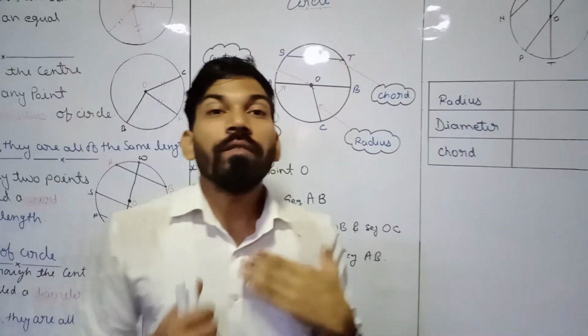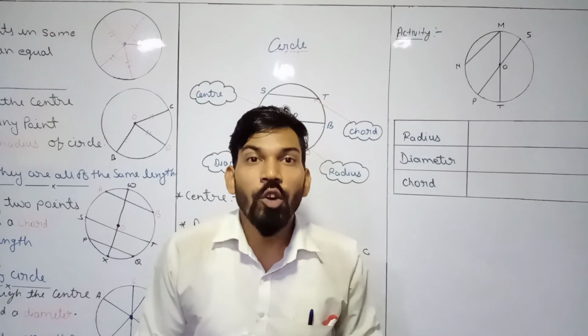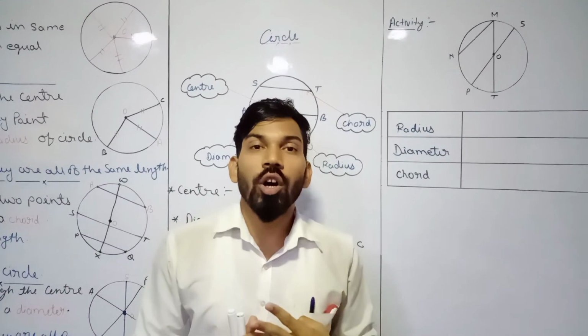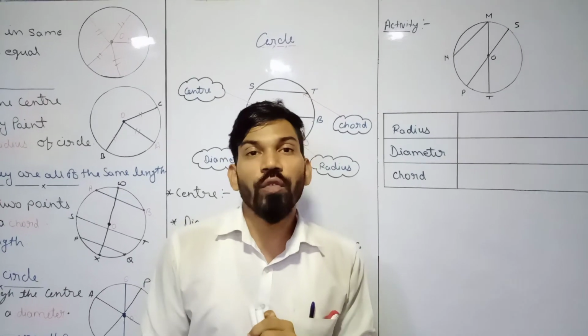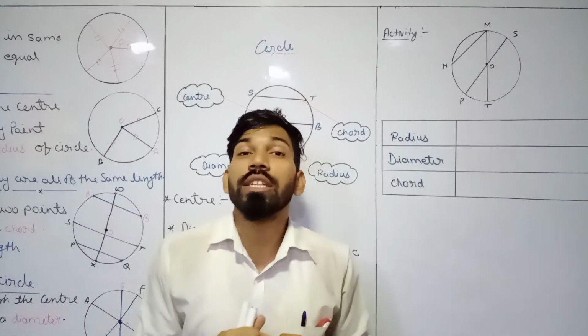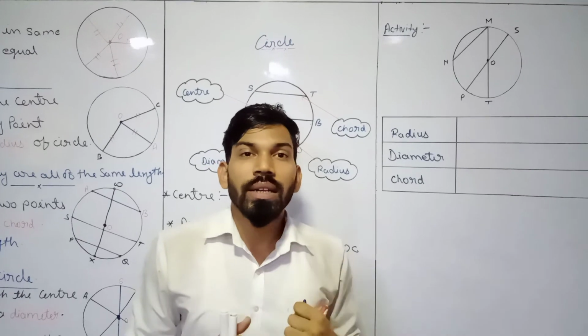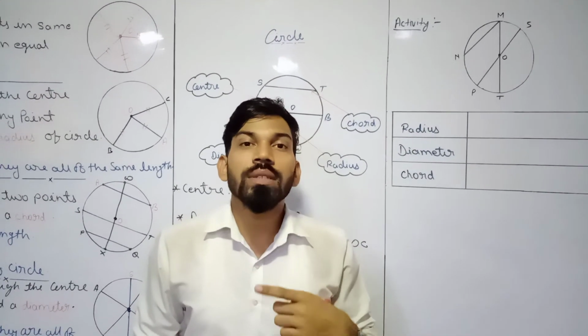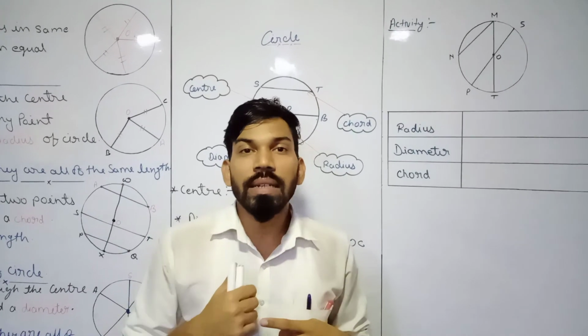So this way we learn what is the circle, what is the radius, what is the diameter, what is the chord, and how we are going to find out. And one more thing, we learn the relation about the chord and diameter. What is that? The biggest chord of the circle is nothing else, that is the diameter.